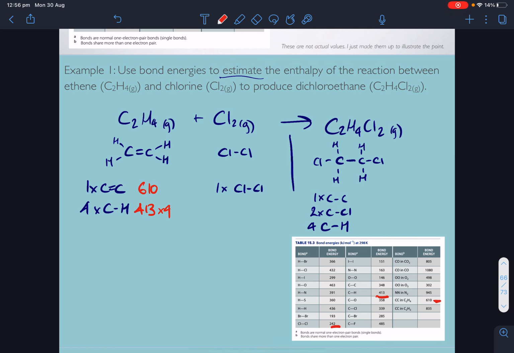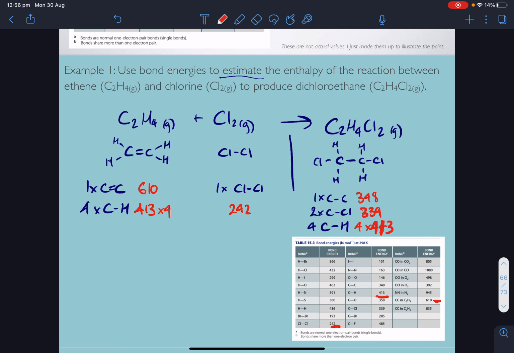Down the bottom there, 242. And my products, I've got 1 carbon-to-carbon single, 348, and 2 carbon chlorines, 339 from my table, and 4 carbon hydrogens, 4 times 413.